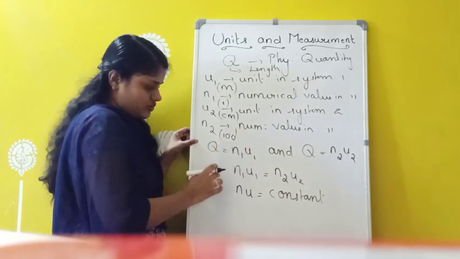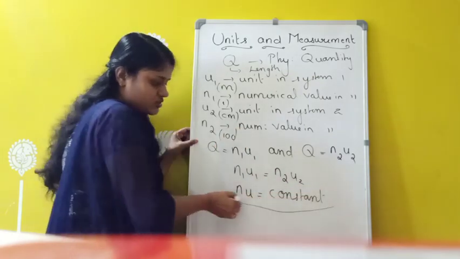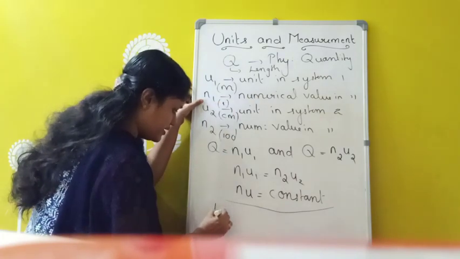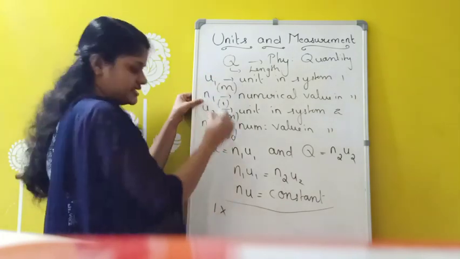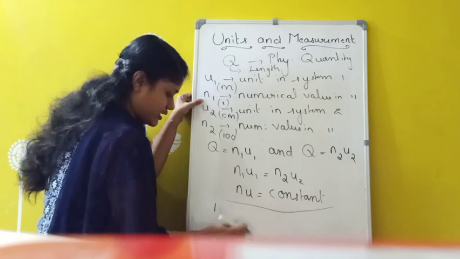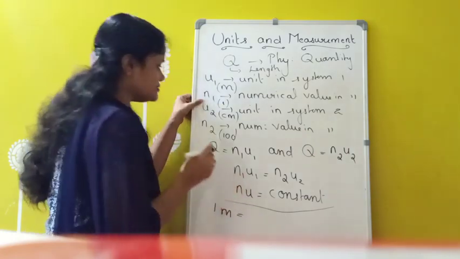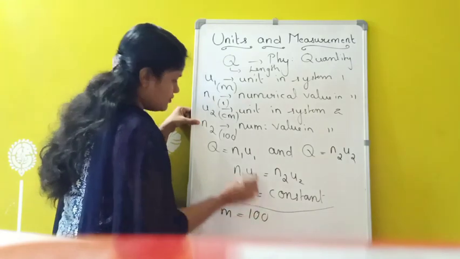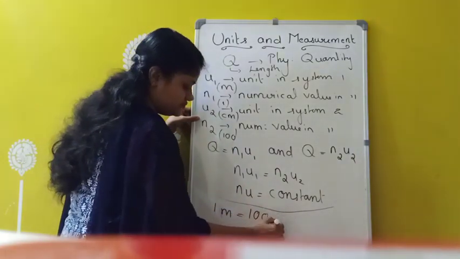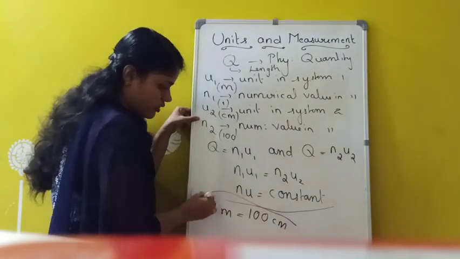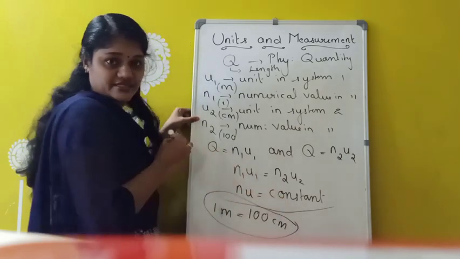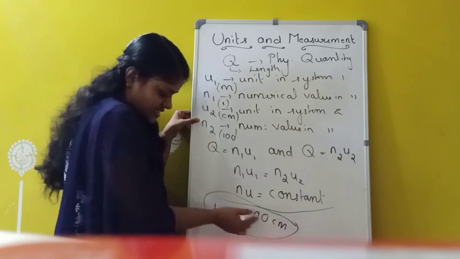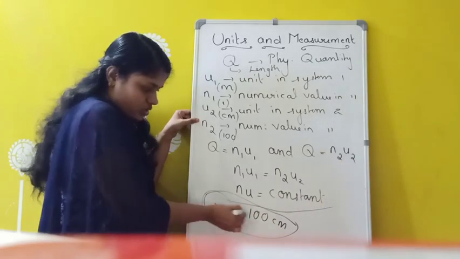Clear? So how can we write this formula now? N1 U1 equal to N2 U2: N1 is 1, U1 is meter, so 1 meter equals N2, which is 100, into U2, centimeter. So 1 meter equals 100 centimeters. The size of the unit will change, but its product will always be constant.